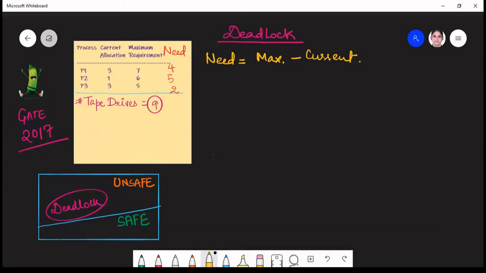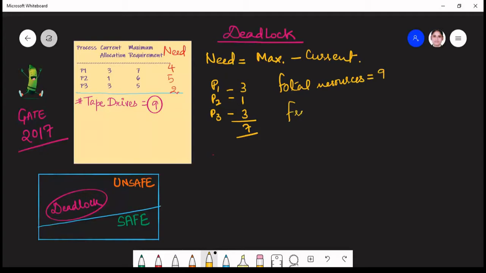So here we are given a total of 9 tape drives. If I talk about the total resources held by P1, P2, P3, the total resources held are 7, right? Not free resources, these are the total resources. The total tape drives given are 9.